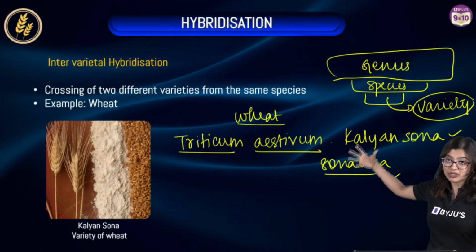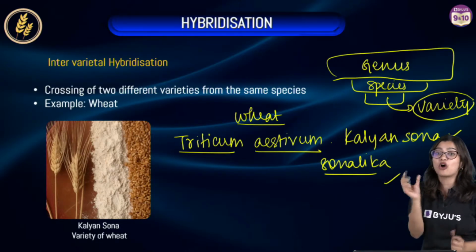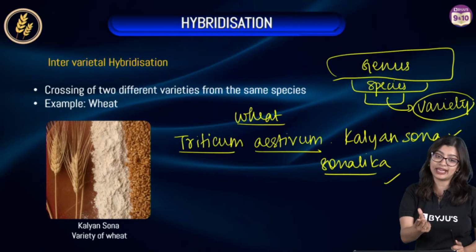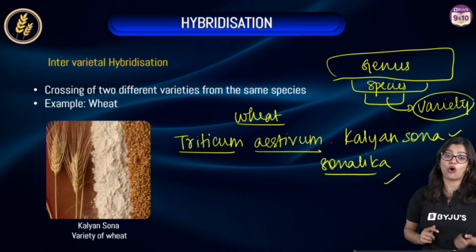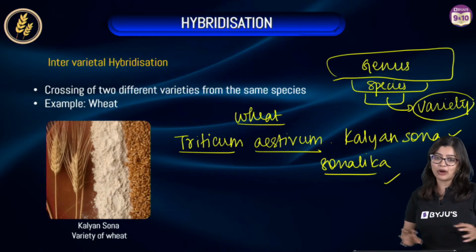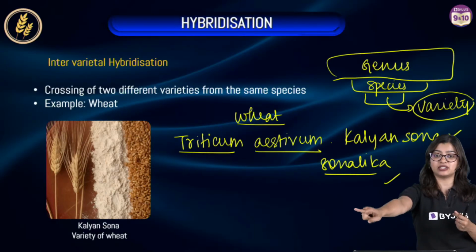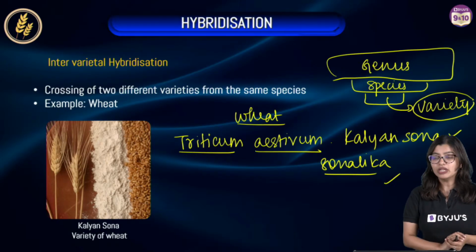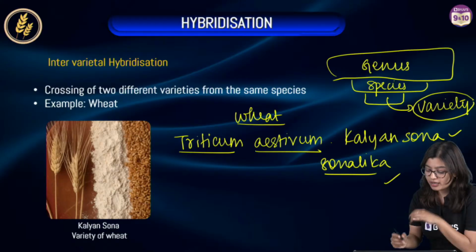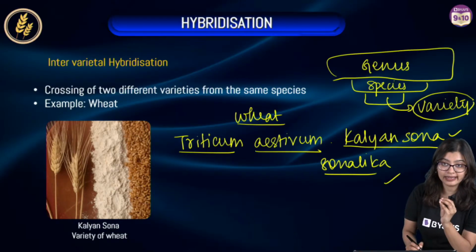We have things like Sona Masuri as well, which in this case is a variety of rice. If you have not heard about it, it's okay. You can ask your parents. They'll tell you, oh, this wheat variety is good, oh, this wheat variety is not so good. That is a common term. Now, this is a variety.